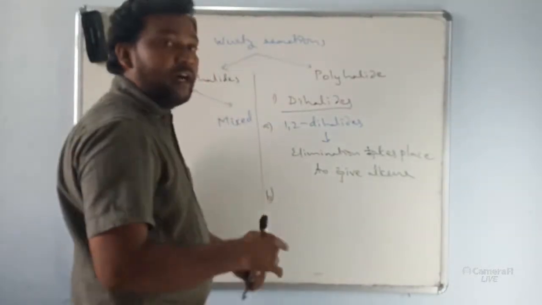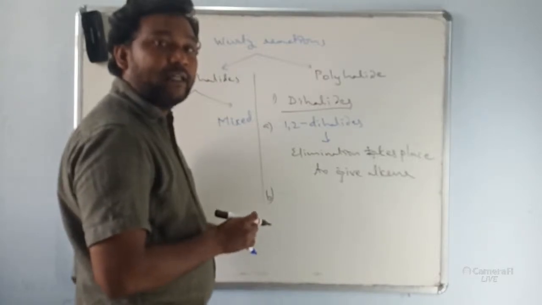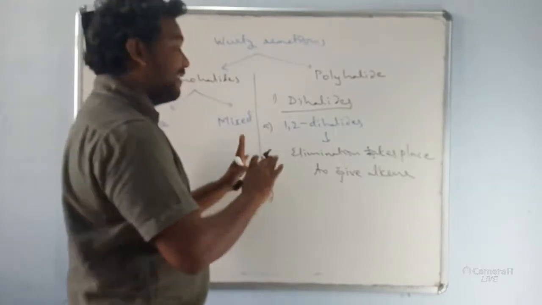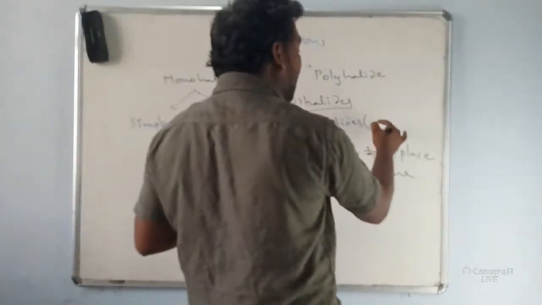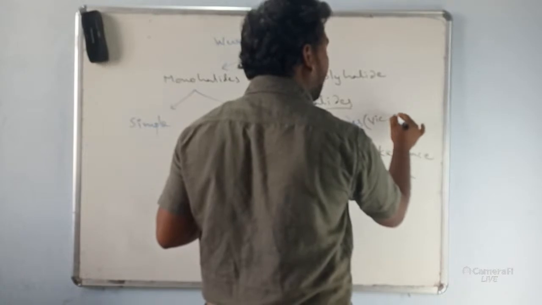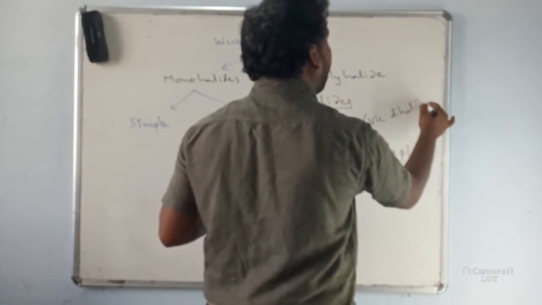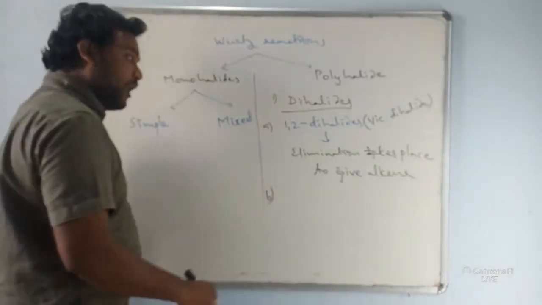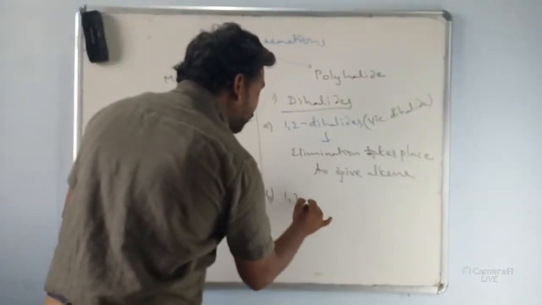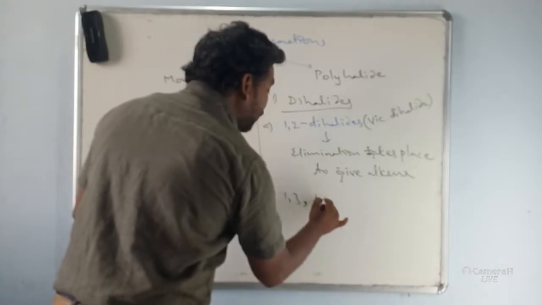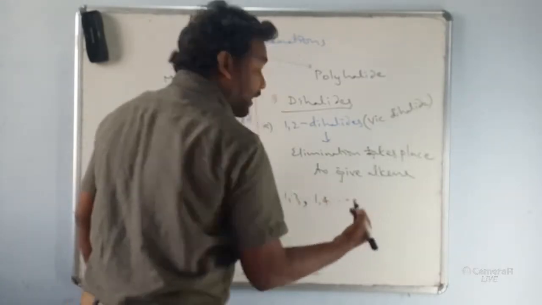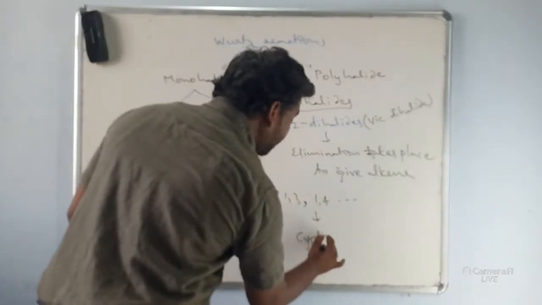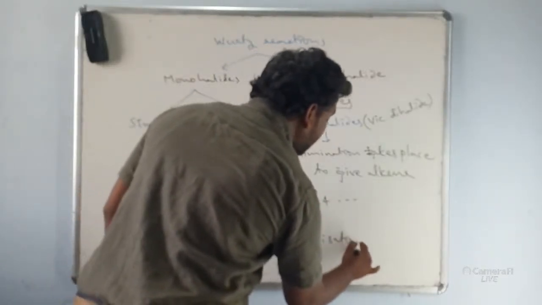In case of other dihalides, it may be 1,3, 1,4, 1,5, 1,6, alpha, omega, anything other than 1,2 dihalide. 1,2 dihalide is nothing but vicinal dihalide. Other than vicinal dihalides, in any other dihalides, like 1,3 or 1,4, cyclization will take place to give the cycloalkane.